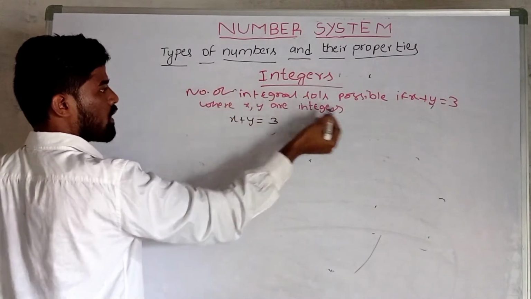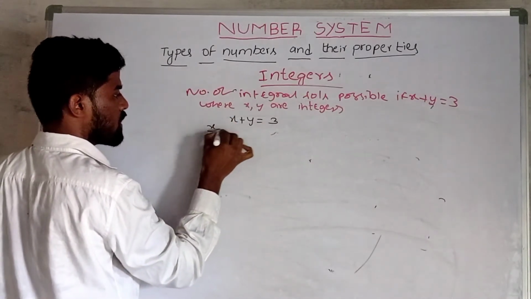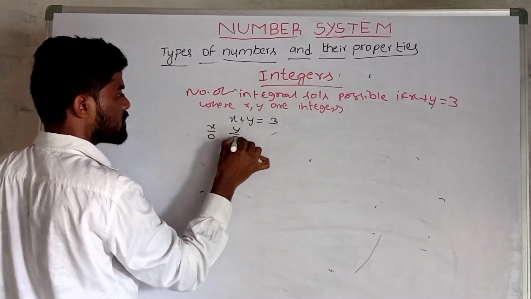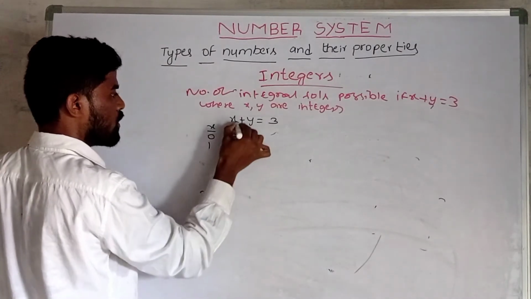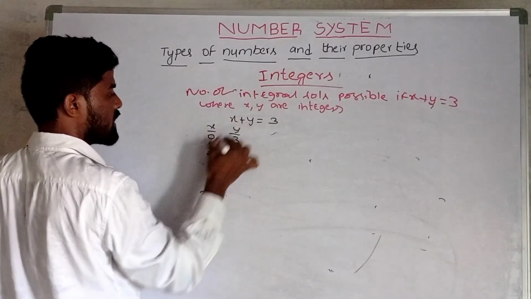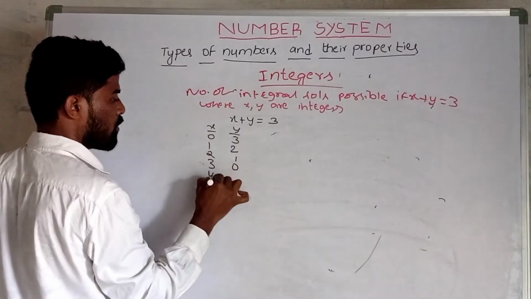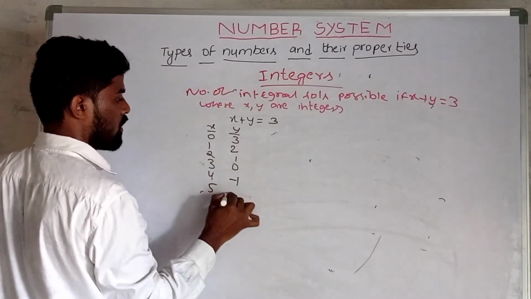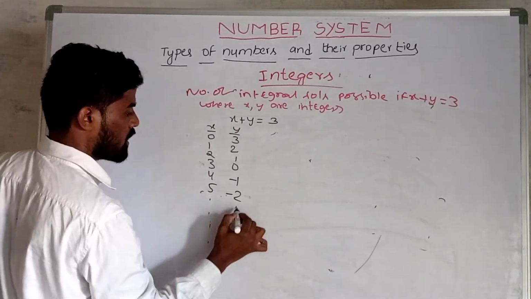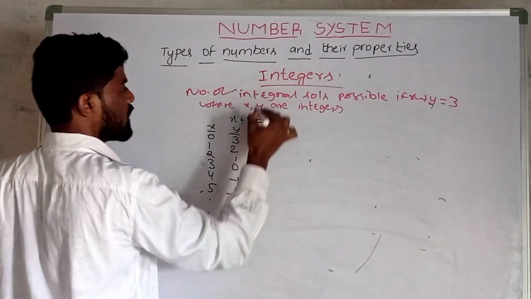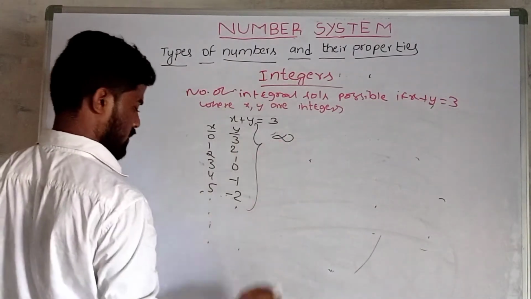If we take x as 0, y becomes 3; x 1, y 2; x 2, y 1; x 3, y 0; x 4, y minus 1; x 5, y minus 2 and so on it continues. Therefore, number of integral solutions are infinite.